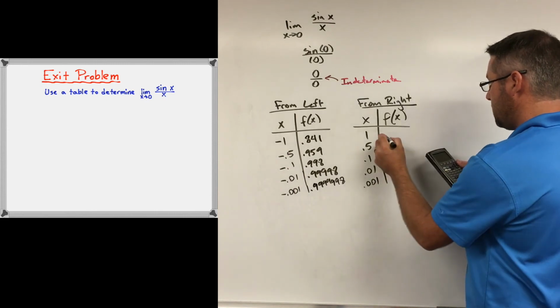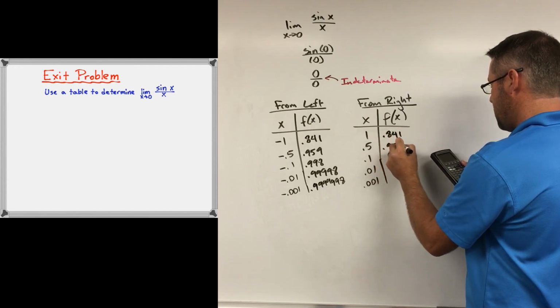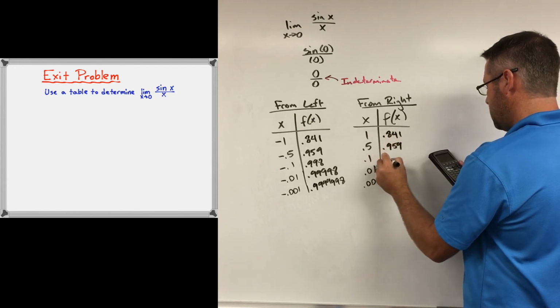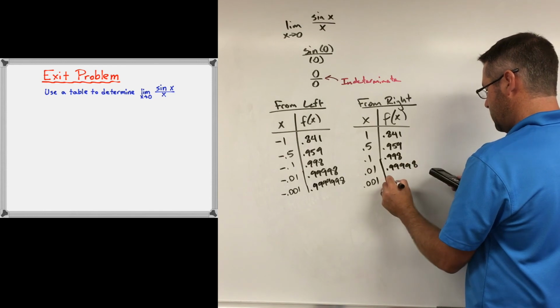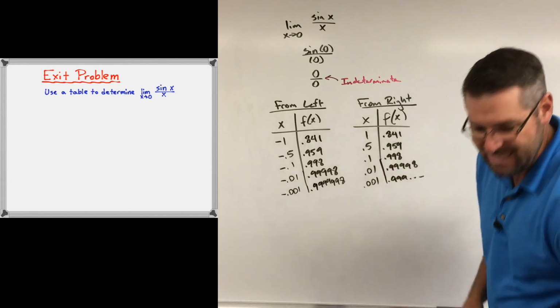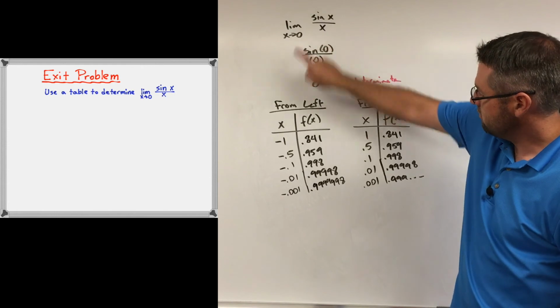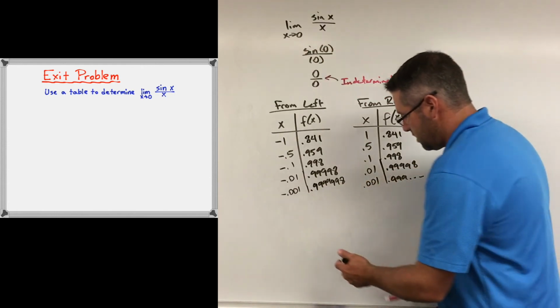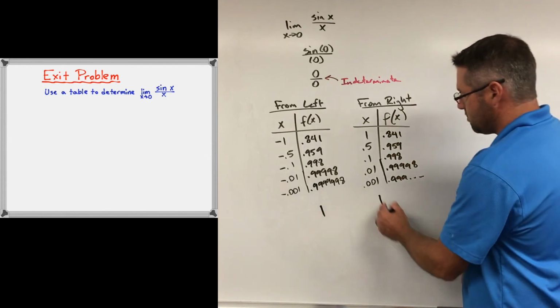All right, so we got 0.841, 0.959, 0.998, 0.99998, and then the last one is going to be the same thing again, 0.999 and so on. Okay? So the idea is what? What do we see? As x approaches 0 from the left, we see that it's approaching the value of 1. As x approaches 0 from the right, we see that it's approaching 1.